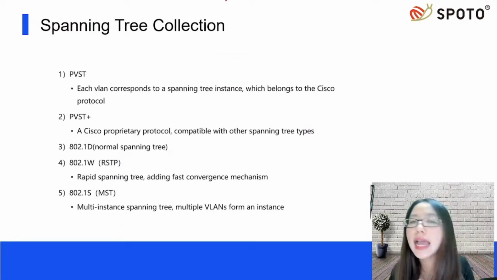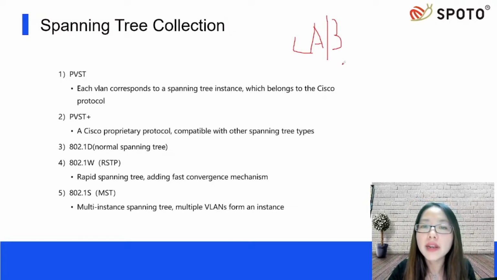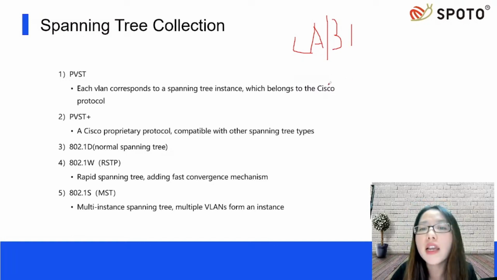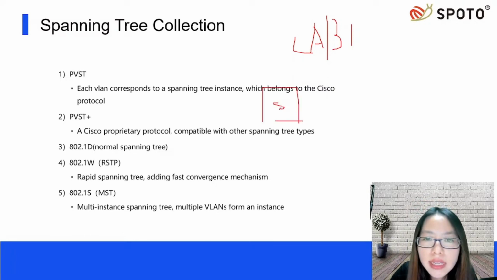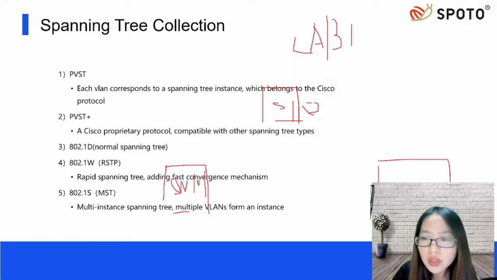In the CCIE lab, the first version, Lab 1, has a topology shown like this. This is switch 110, and these are switch 101 and 102.